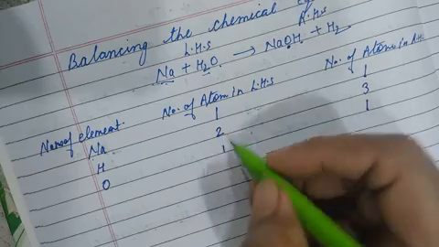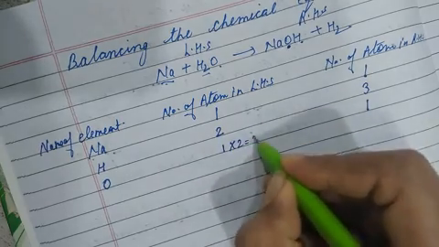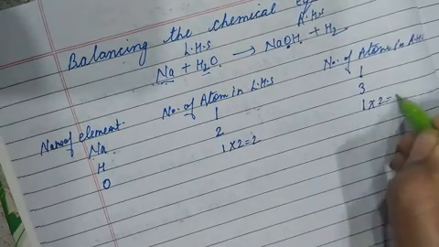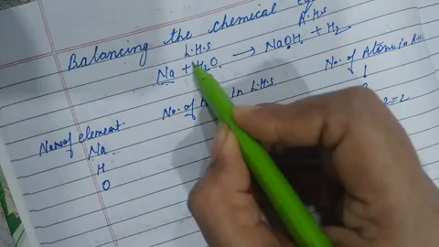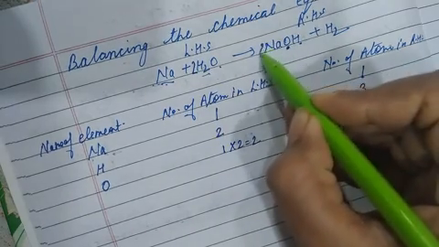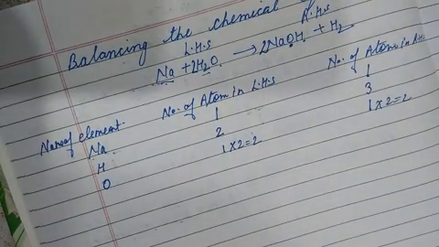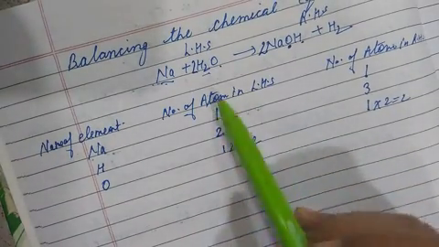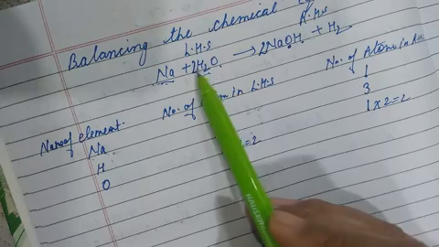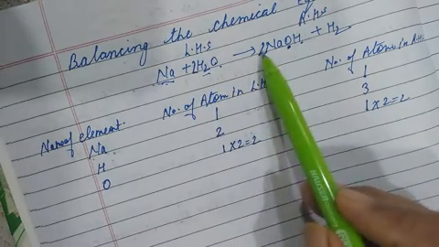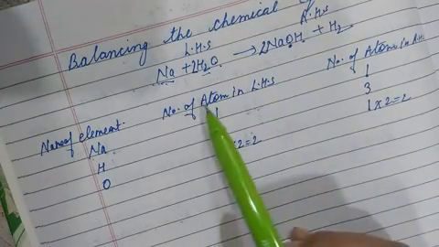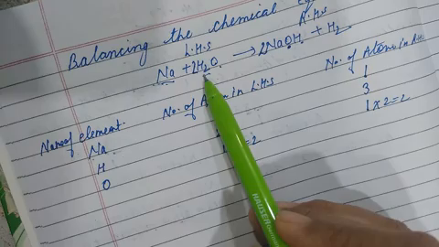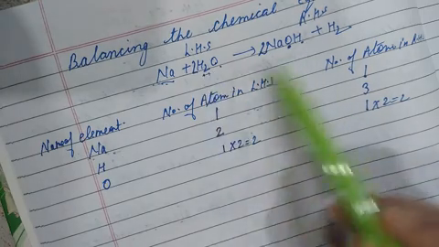If we multiply by 2 here and 2 here, understand? So if I write 2 here and 2 here, now you can see how many atoms of oxygen in LHS side? 2. And here is also 2.